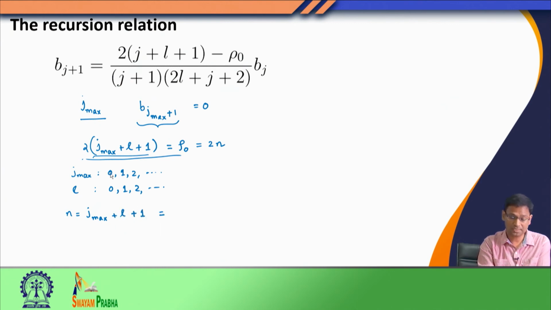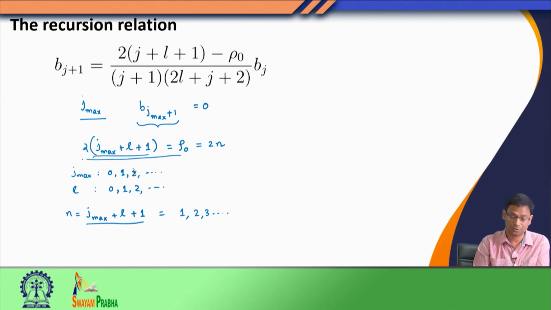Since j max and l start from 0, the new integer n would start from 1, 2, 3 and so on. n equals 0 is not allowed because this term has a plus 1 over here, and the lowest possible value of l and j max is 0.